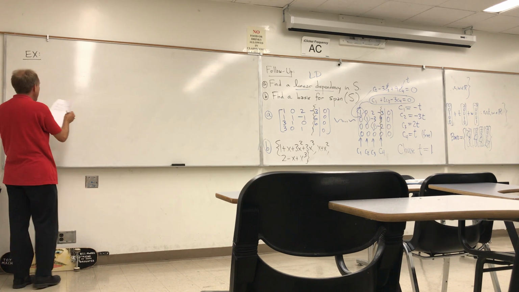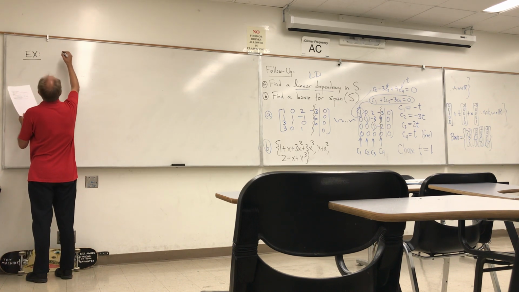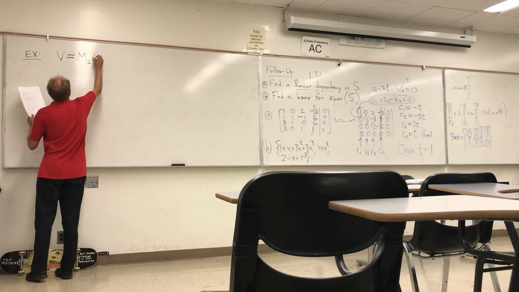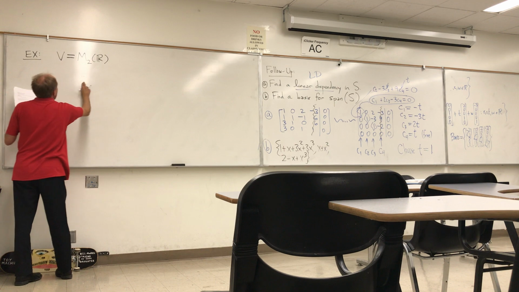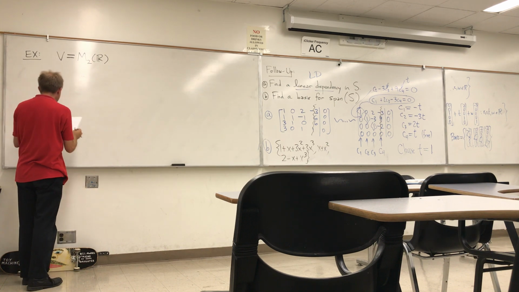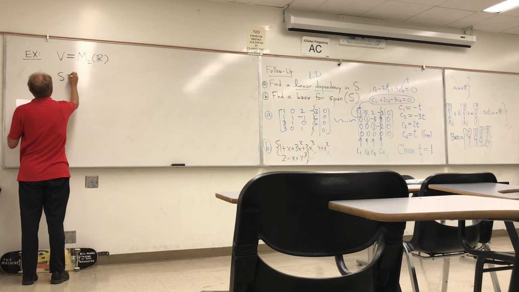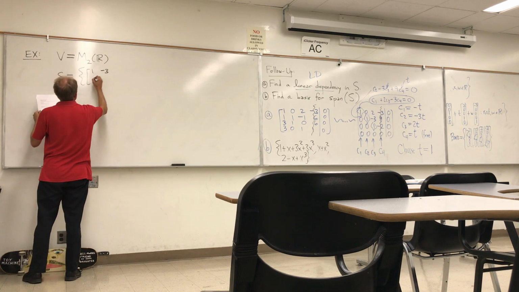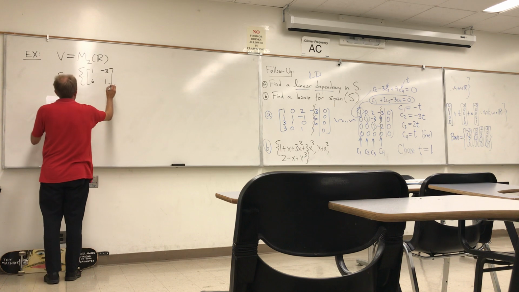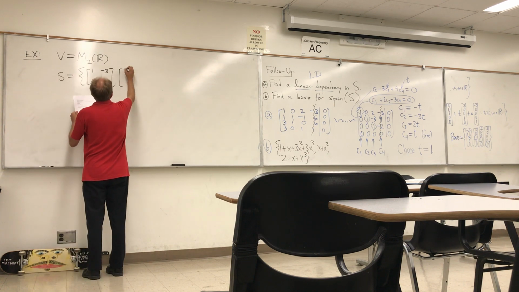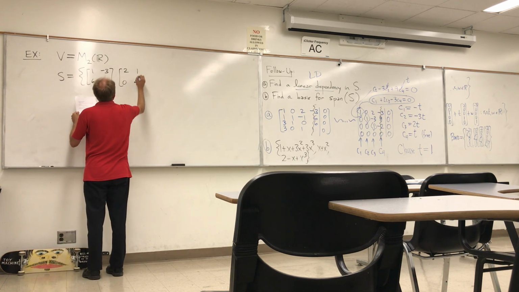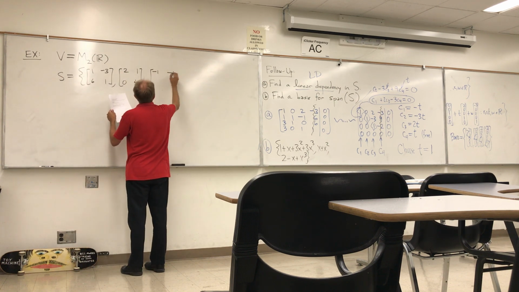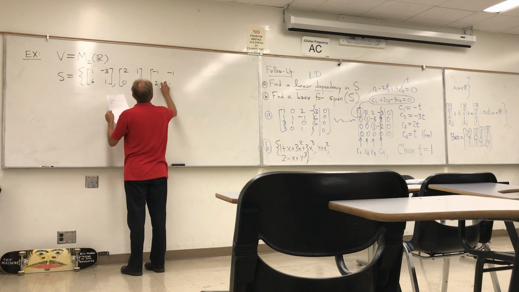So let's do the same thing with this problem. Let's take V to be M2 of R, and let's take S to be the following matrices: 1, -3, 6, 1, comma, 2, 1, 0, 4, comma, -1, -1, 2, and 1.